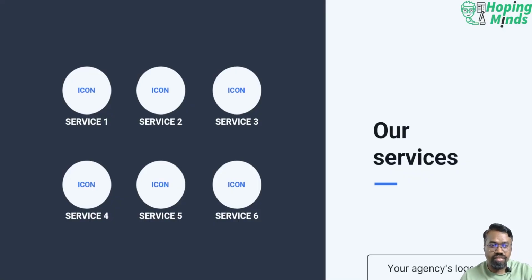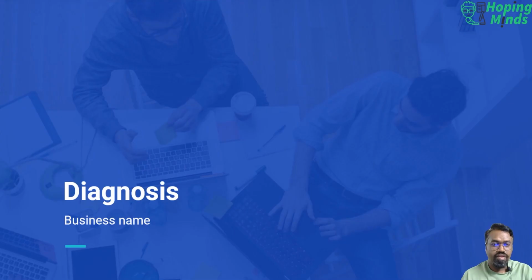In terms of services, you should put your service icons accordingly and name the services.